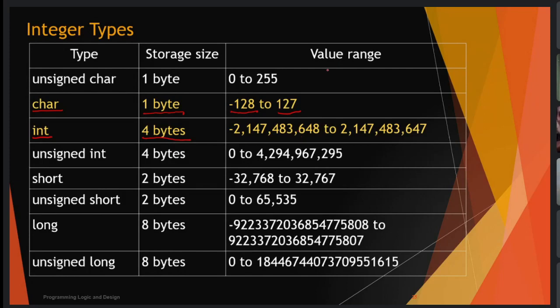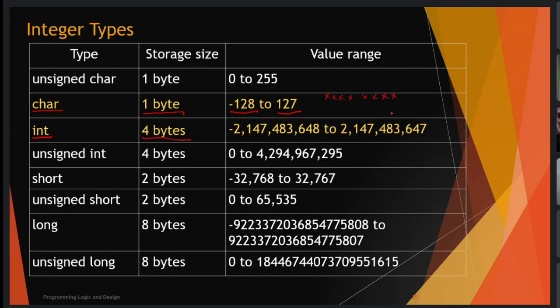So, take note with characters and integers, if you remember our representation of numbers, number conversion, binary, 1 byte. How many bits is 1 byte, guys? Eight bits, sir. 8 bits. Okay, so 1, 2, 3, 4, 5, 6, 7, 8.